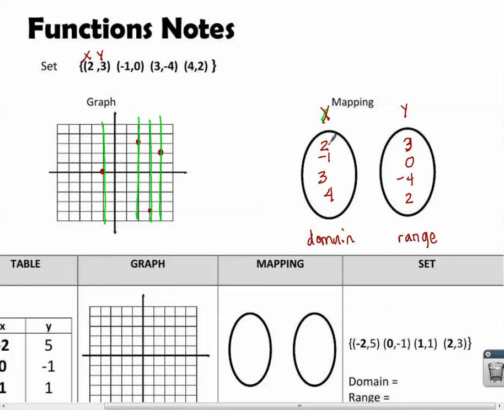So for example, 2 goes with the y value 3, so I'm going to draw an arrow to that. -1 goes to the y value 0. 3 goes to the y value -4. 4 goes to the y value 2. If you have any repeating x or y values, you only have to write it once.